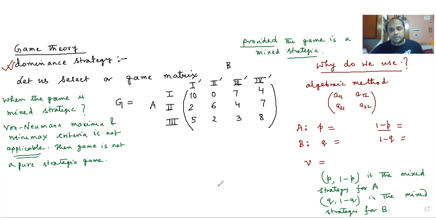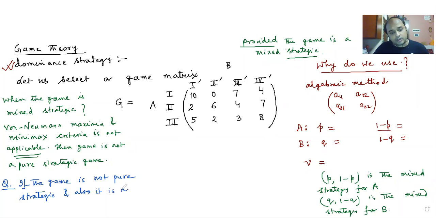The important question is, if the game is not pure strategic and also not of order 2 by 2, then how can we proceed?